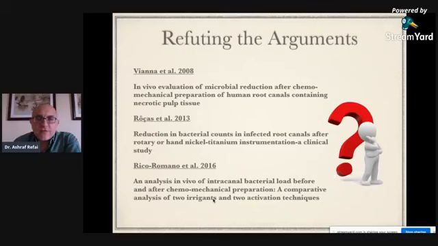And although we have some very, very good irrigation techniques and chemical-mechanical preparation techniques, none of these studies have shown 100% eradication of bacteria. So this leaves us to question whether there is always probably a level of bacteria in the canal which has not been eradicated.